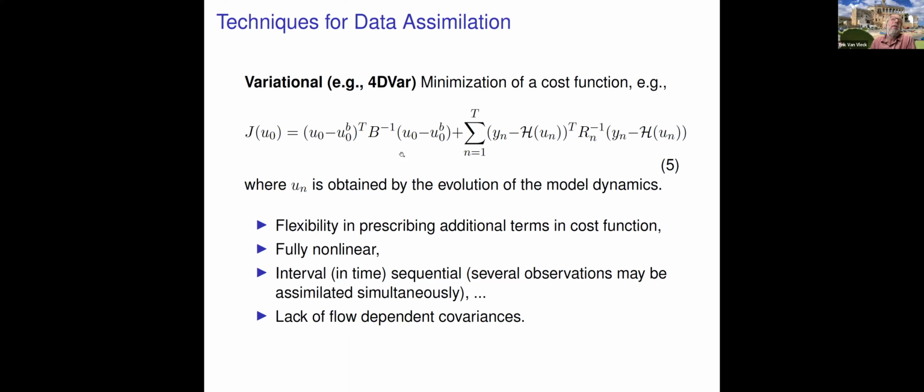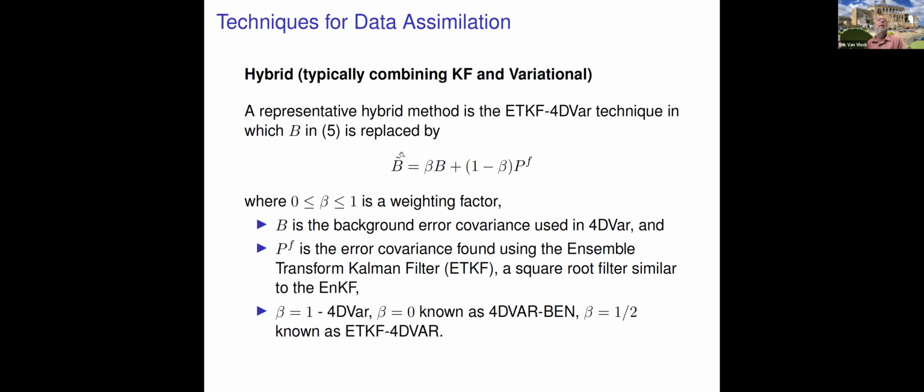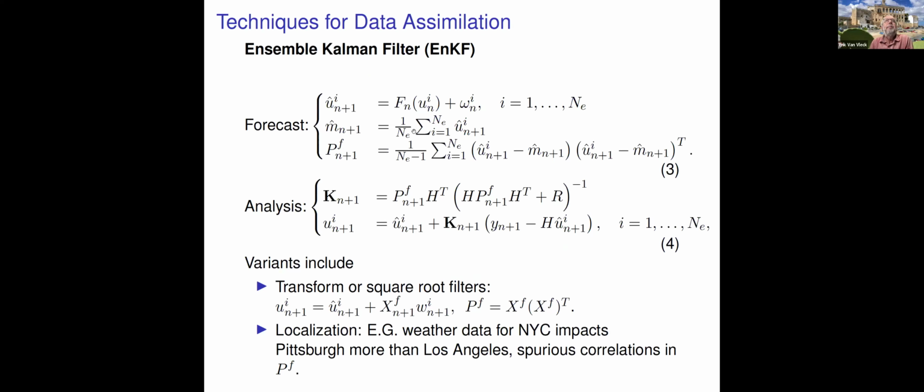That's one of the reasons there's been a lot of emphasis on hybrid techniques. Hybrid techniques are basically trying to take the best of both worlds. We have these flow-dependent covariances with the ensemble Kalman filter type techniques, and we have the way to deal with nonlinearity with the variational techniques.